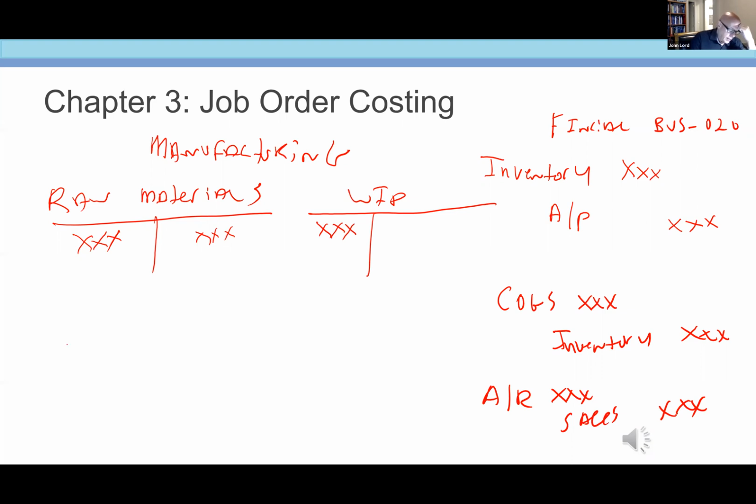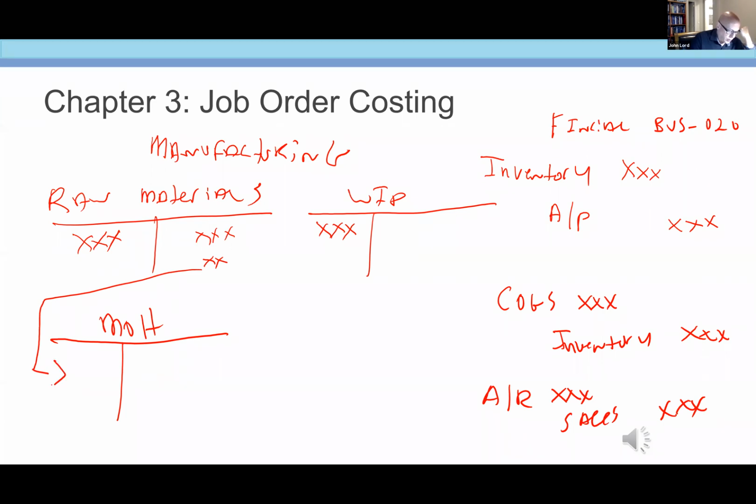And then we learned that some materials, glue or whatever they use to hold the shoes together, may be considered an indirect cost. And if it's indirect, we'll go into our manufacturing overhead.